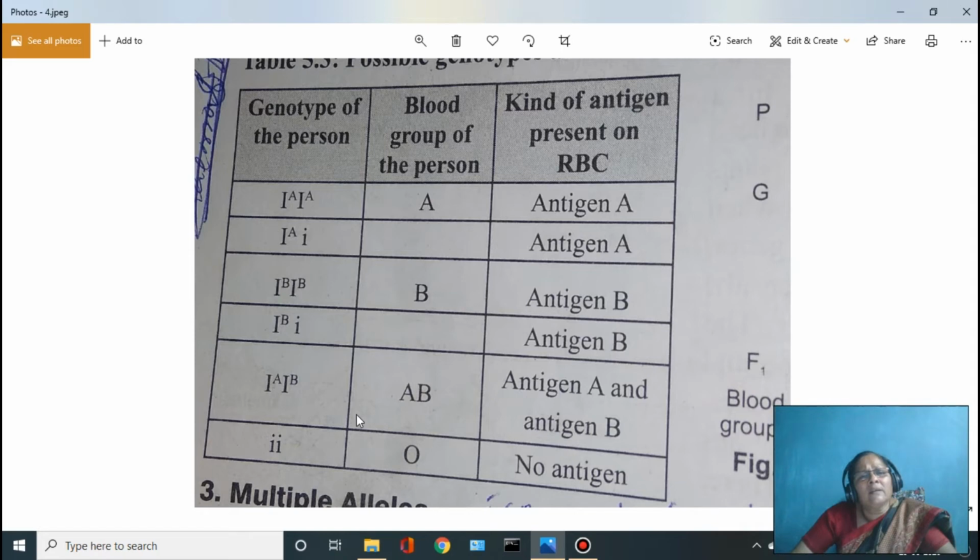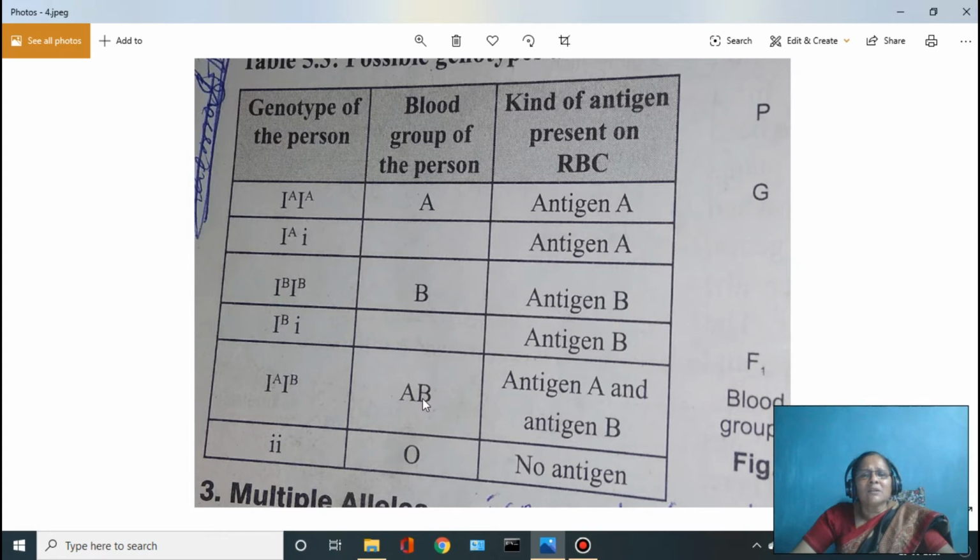Why is it called ABO? Because the gene controlling this blood group, that is, the presence of a glycoprotein on the surface of the RBC, the gene responsible for the ABO system is present on chromosome number 9, and it has two alleles, A and B. Allele A produces antigen A in the plasma membrane of the RBC, and allele B produces antigen B. In the A blood group only antigen A is present, in the B blood group only antigen B is present, whereas in the AB blood group both antigens A and B are equally expressed.